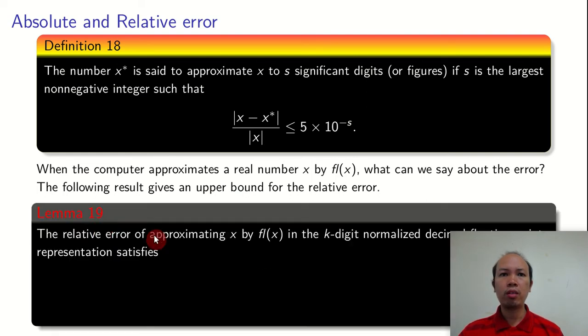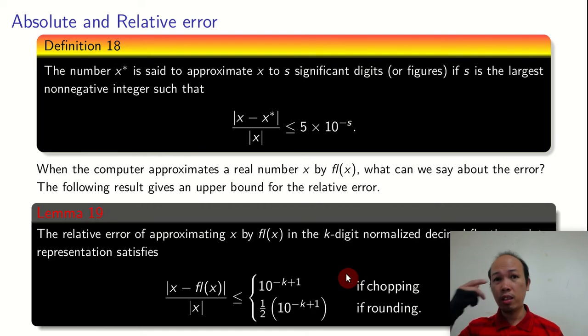In this lemma it says that the relative error of approximating x by the floating point representation in k-digit normalized decimal floating point representation satisfies this inequality. If chopping, we have 10 to the negative k plus 1, and if rounding, you have this formula here.